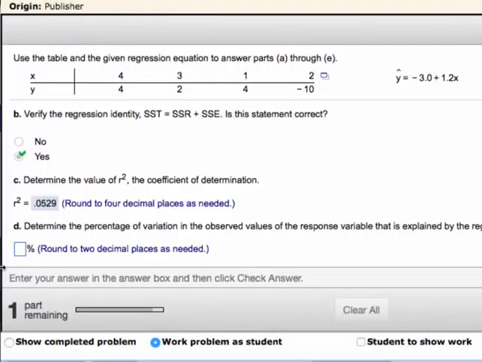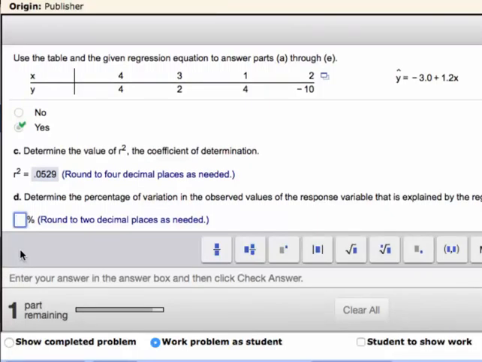What would you put for this? 5.29%. That's what R squared is. It's the percent of variation due to the regression, right? As opposed to the error. So when it's low, there's lots of error, right?